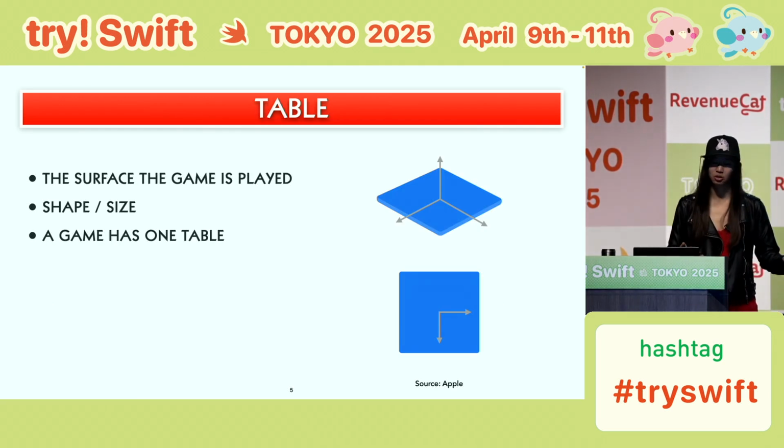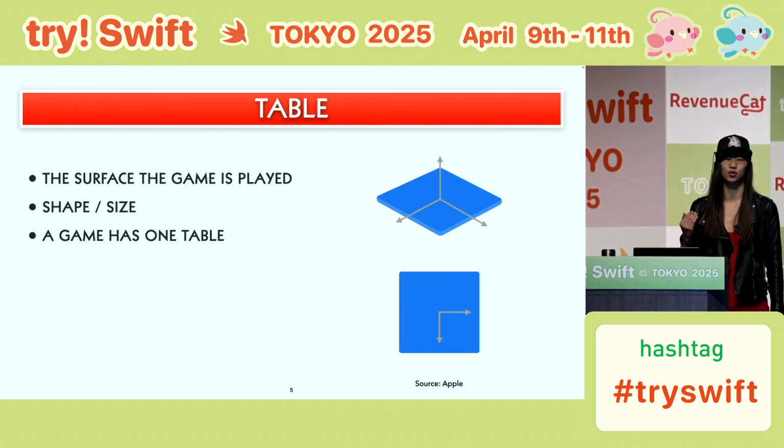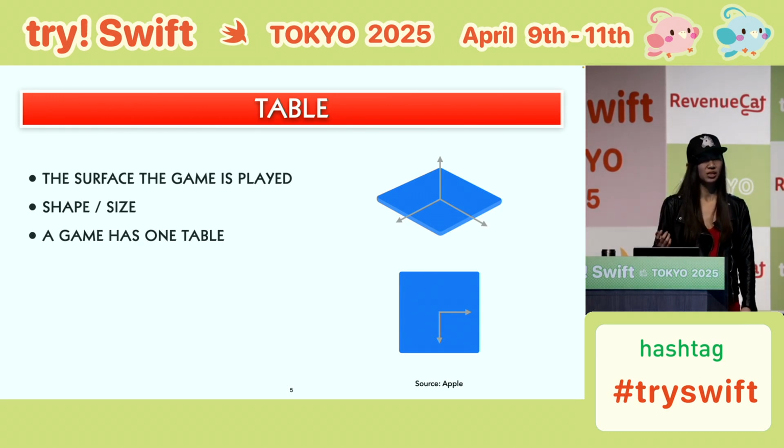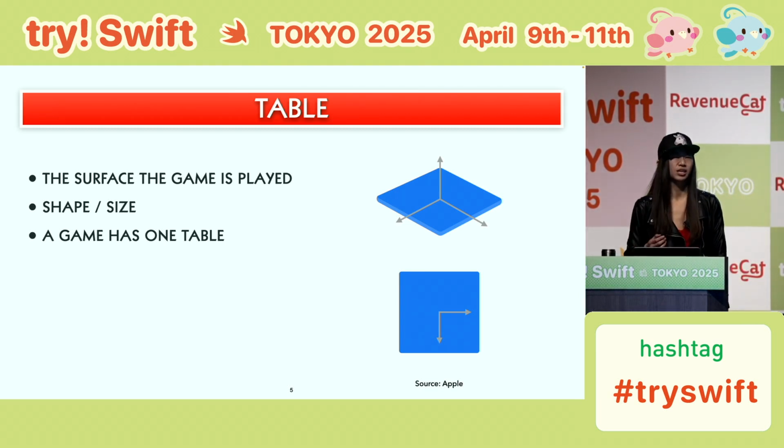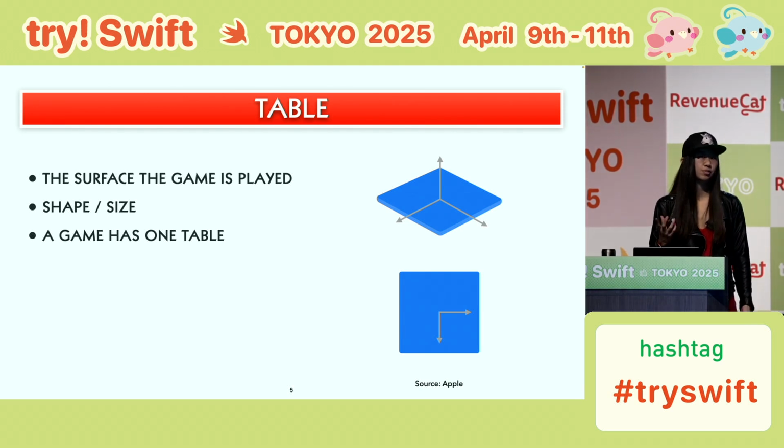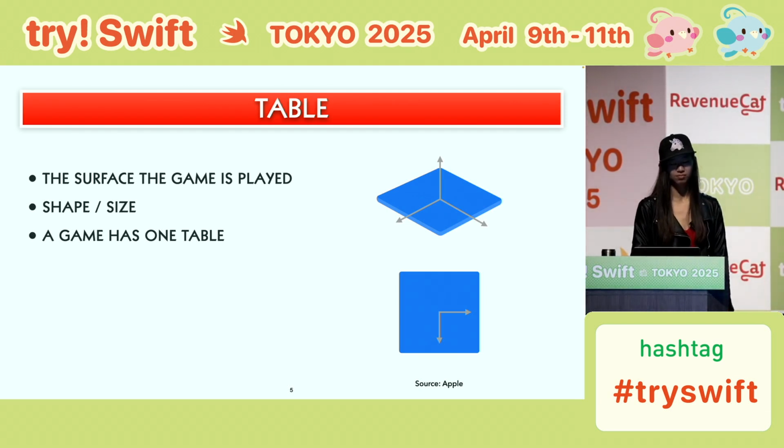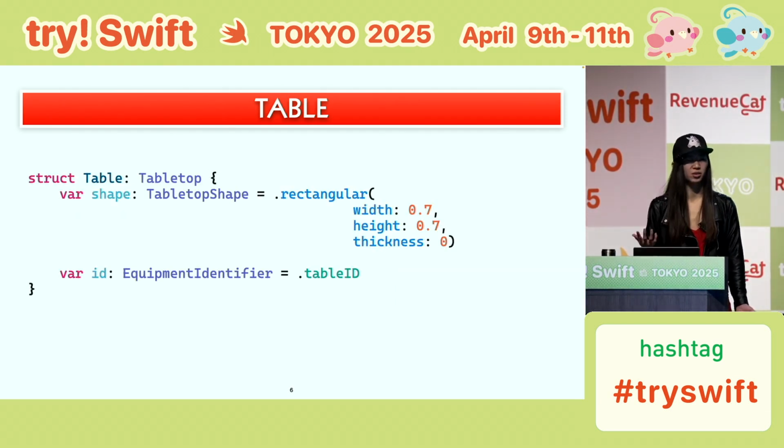We have a table. The table is defined as the surface the game is played on, and it can be any kind of shape and size, so it could be rectangular or circular. Specifically for how TabletopKit works, a game has one table. We define this by making a struct called Table, and we define it on the protocol Tabletop.